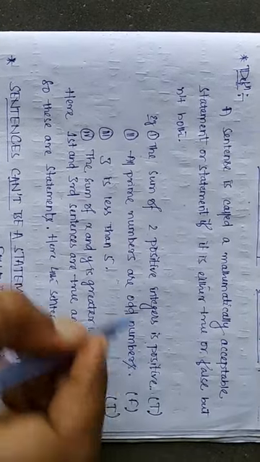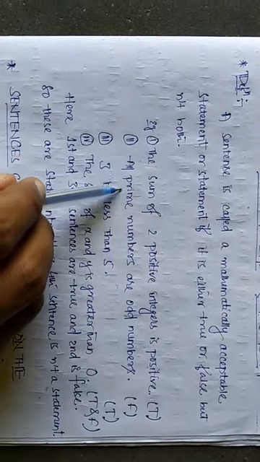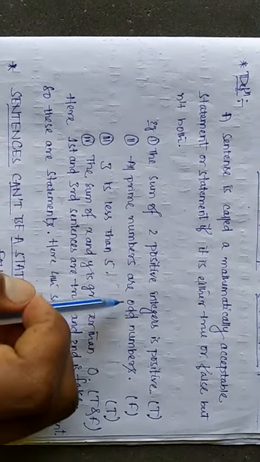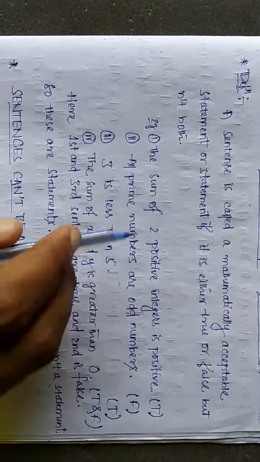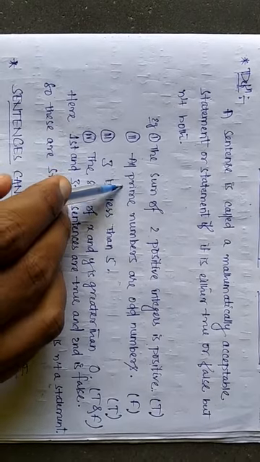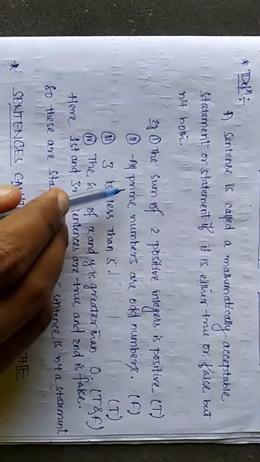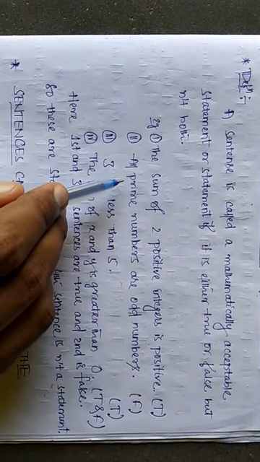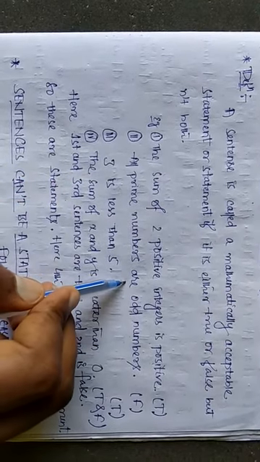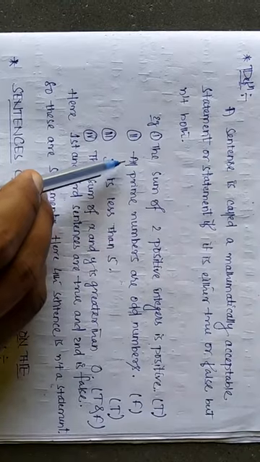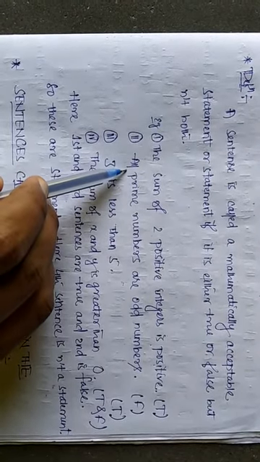So it is true. Similarly, in the second, all prime numbers are odd numbers. Here, when we discuss prime numbers and odd numbers, we have the prime number 2 which is not odd. That's why we cannot say all prime numbers are odd numbers.